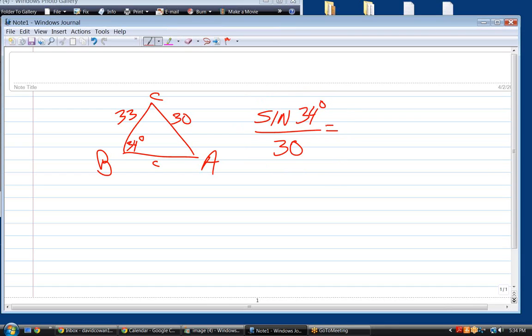What's that going to be equal to? What's the first thing we can solve for? Angle A. So what's this equal to? Sine A over 33. So sine A equals, what is this number?